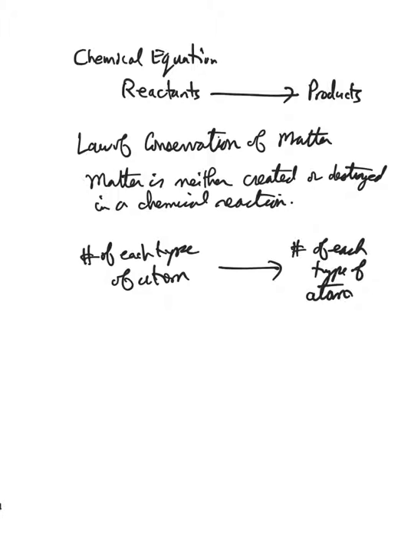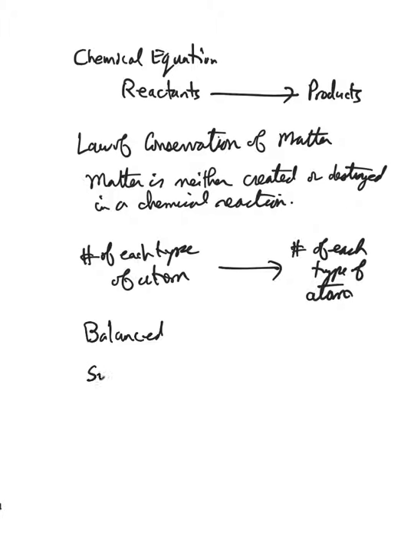Remember going back to Dalton and his atomic theory that atoms don't change their identity during the course of a reaction. They just rearrange themselves in order to make new compounds. So when we write chemical reactions, they have to be balanced. And by that we mean they, in fact, obey the law of conservation of matter, that the number of each type of atom on the reactant side equals the number of each type of atom on the product side.